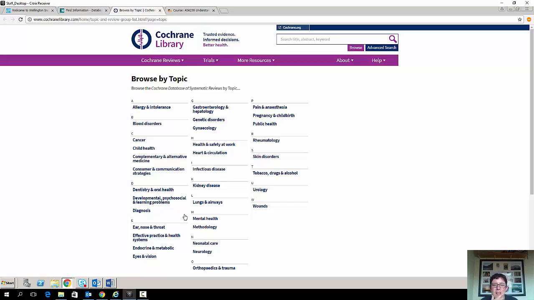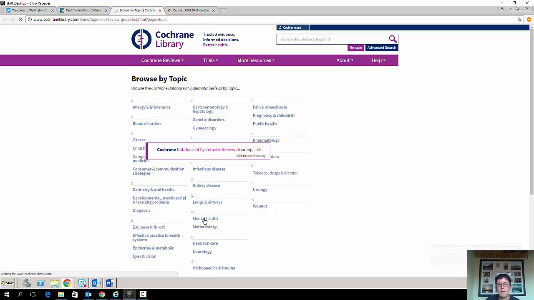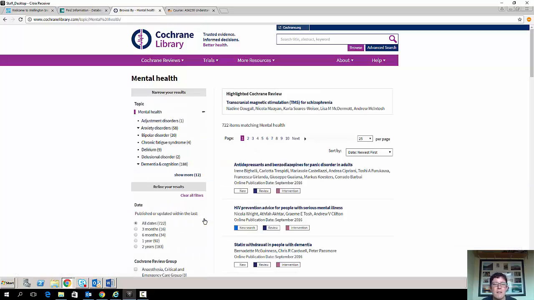And you'll see that there may be some that fit completely with what you're going to be doing and some that don't. But in here we've got mental health, and it's going to give me a whole list of systemic reviews. And basically what a systemic review does is it looks at thousands of studies through a quantitative lens and comes to the conclusion of what we should know.